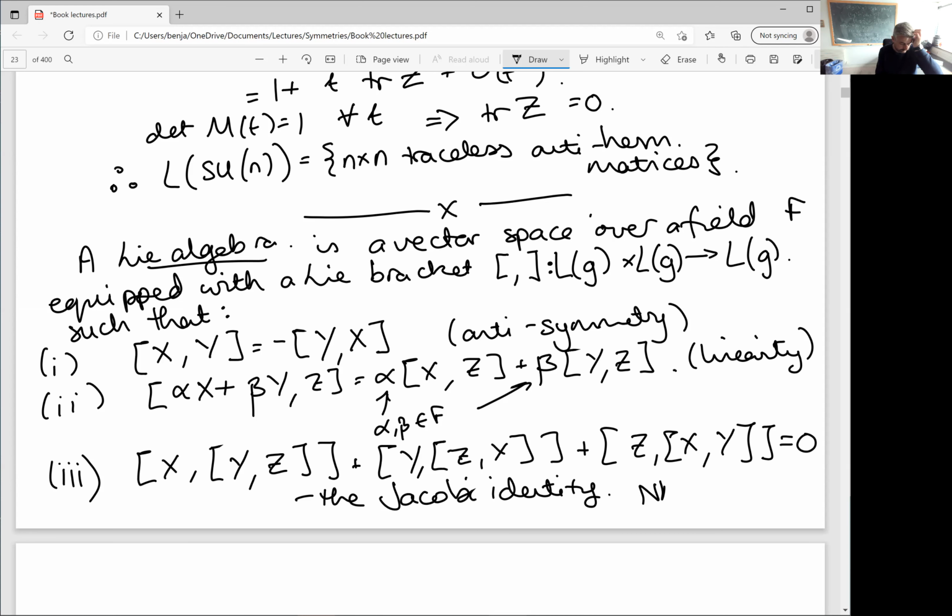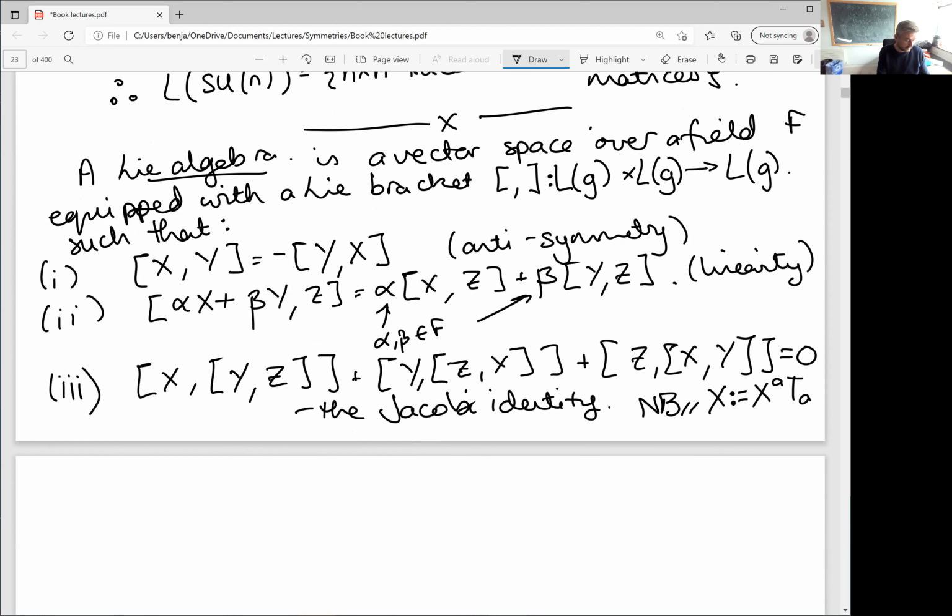So here, X and Y and Z, etc., are written as x^A T_A, where A are just the different coordinates, or we can write them with I's actually. And this T_I is in the tangent space at the identity.